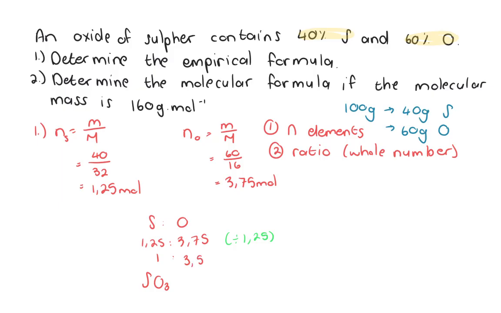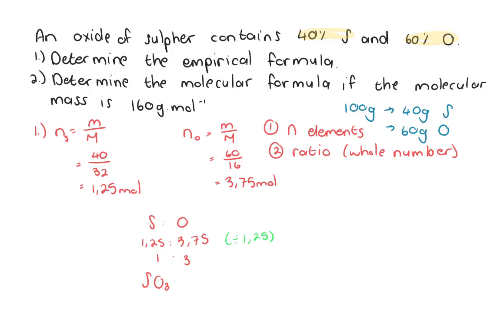It's too far in between. So what I'm going to do then is multiply the entire ratio by 2. So it becomes 2 to 7. But that's only if I didn't get a whole number, but luckily I got a whole number for that one. Okay, so that's all there is to question 1.